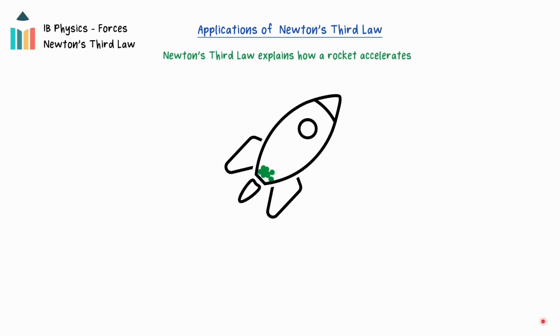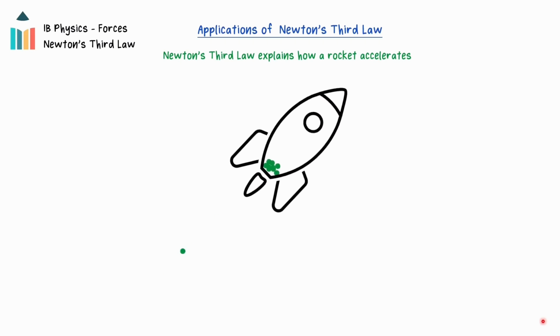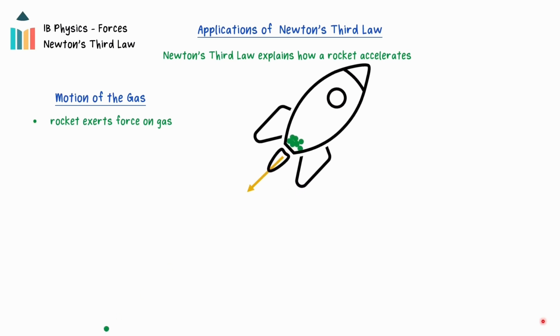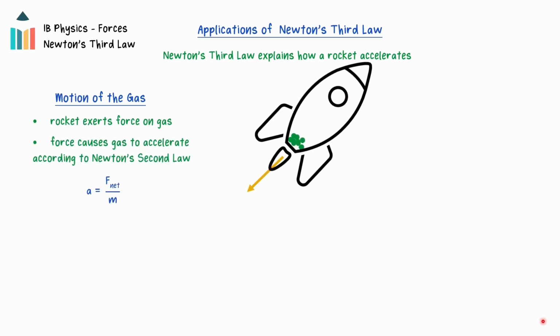There are many examples of Newton's third law in physics, but one of the most common is in rockets. If we think about the motion of the gas in the rocket fuel, to create thrust, a rocket engine exerts a force on the gas by increasing its temperature or through a difference in pressure, pushing it out of the engine. The gas will experience an acceleration through Newton's second law, which is inversely proportional to its mass.